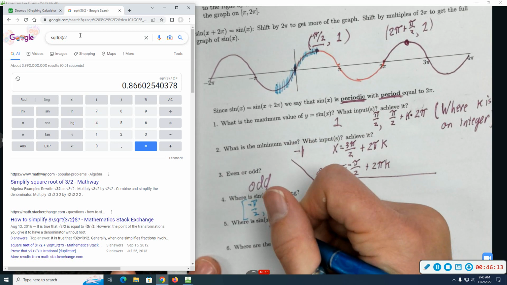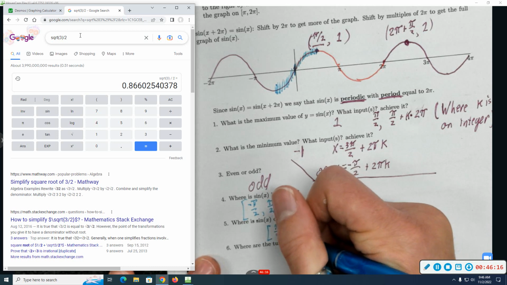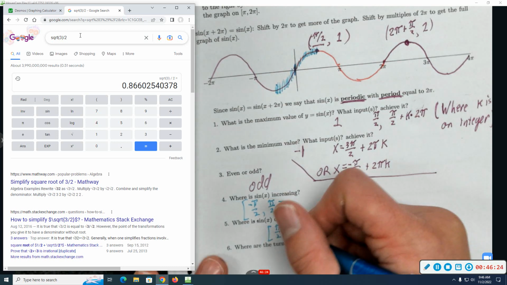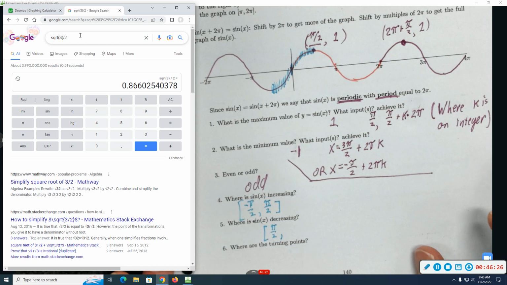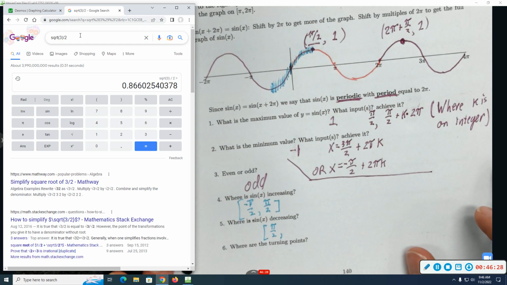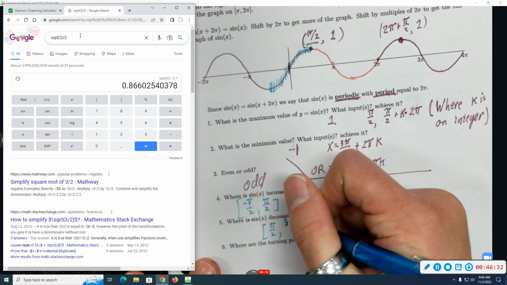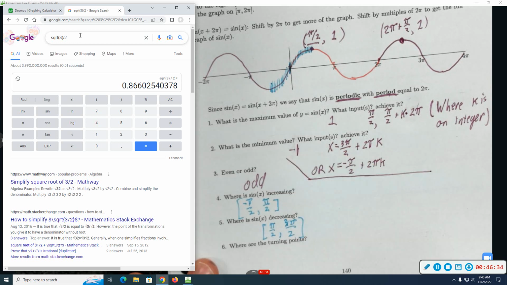Oh, so I guess that means that at pi over 2, it switches to decreasing, right? After pi over 2, how far does it go before it stops decreasing? Right here at 3 pi over 2? So from pi over 2 to 3 pi over 2, it decreases.